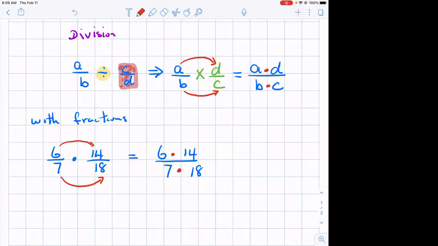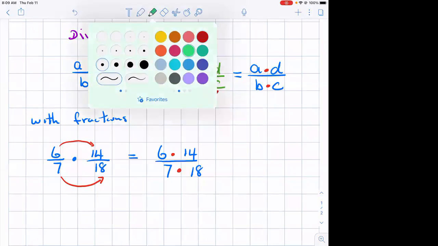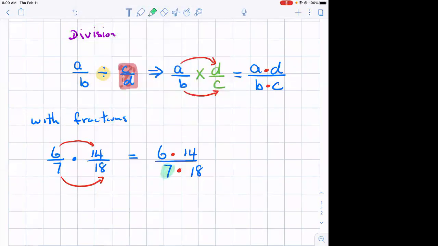So if you notice that 7 and 14 can be reduced, we can say 7 divided by 7 is 1, and 14 divided by 7 is 2. And then we also can simplify 6 and 18.